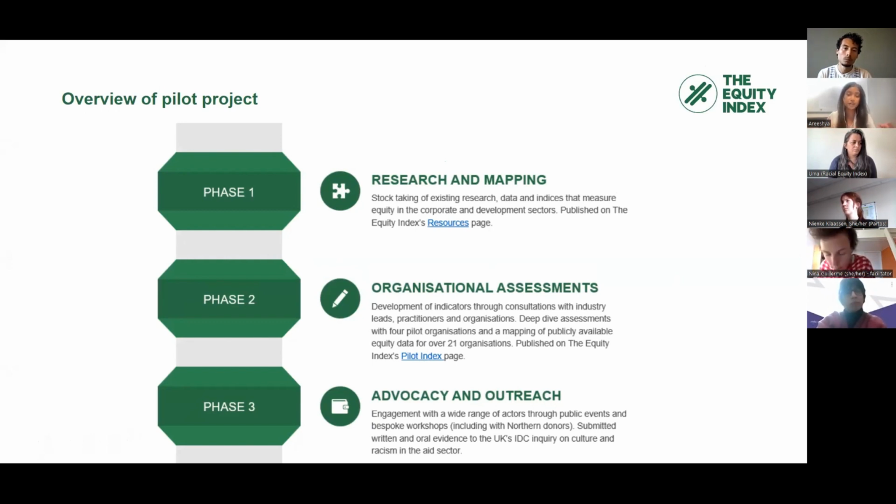And we'll look at different actors within the sector. Beyond consultancies, we would look at bilateral government donors, foundations, INGOs and NGOs, and other civil society actors, private sector consultancies and corporate actors, and research institutions like think tanks and universities, just to name a few. The goal is to look at all these different actors and assess them independently.